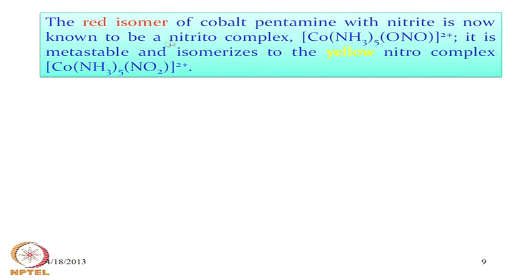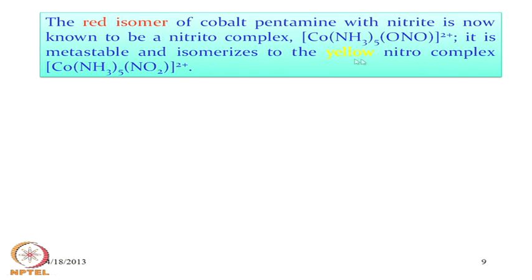So, for the substitution of the ammonia molecule from the cobalt center, we get the corresponding nitrito complex, and the other one is also a nitrito complex.